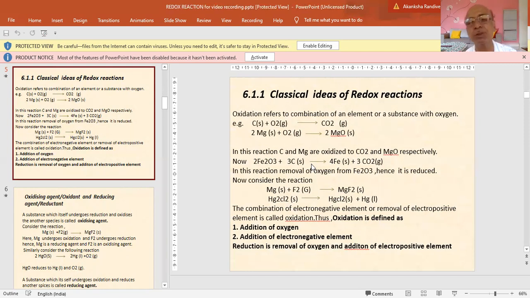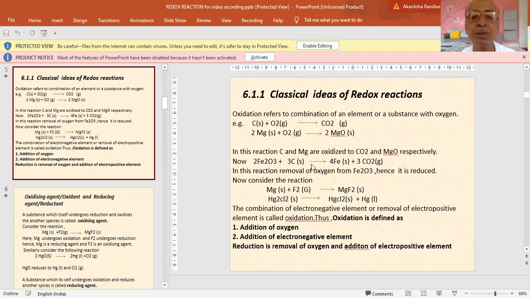So in this reaction, Fe2O3 combines with carbon, and free iron is produced in a solid state and carbon dioxide is formed.